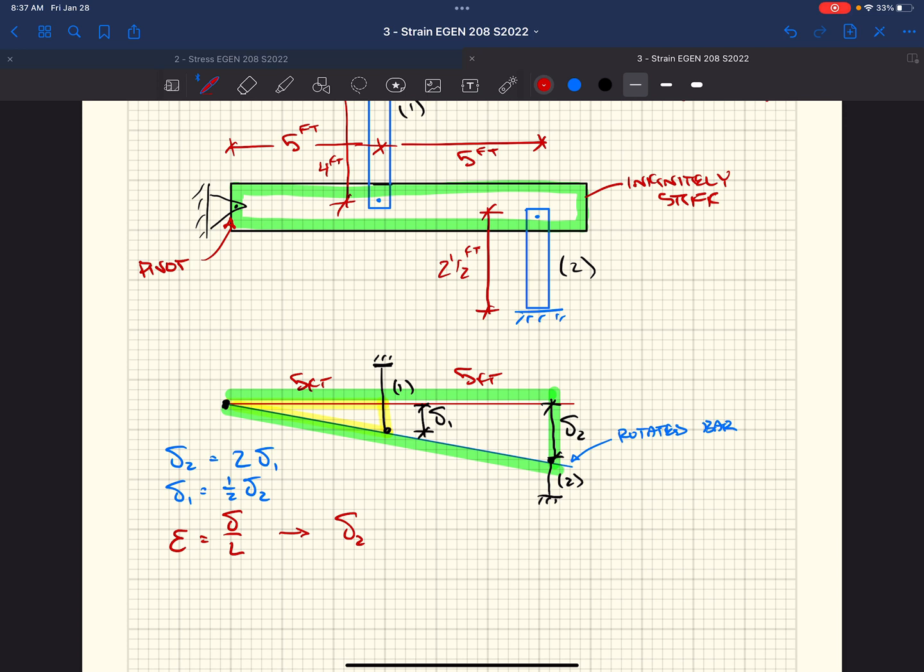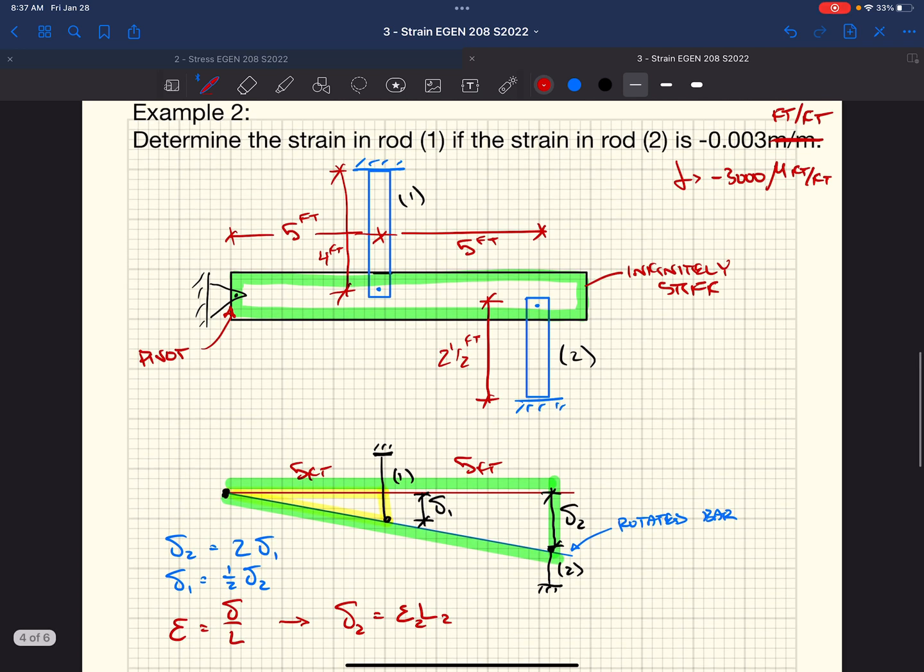So we have delta 2 equals epsilon 2 times L2. The strain in rod 2 we know, and we know the original length of rod 2, so we can figure out our change in length of rod 2. Once we know that, we can plug it back into that equation, figure out the change in length of rod 1, and since we know the length of rod 1, we can figure out the strain in rod 1.